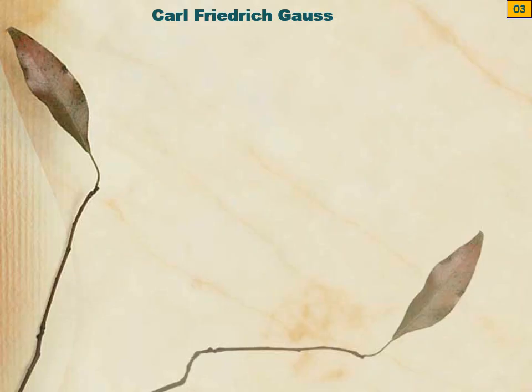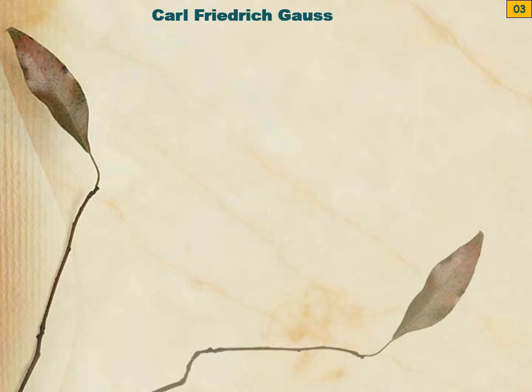Slide number 3. Carl Friedrich Gauss, the scientist who developed this normal distribution. There is a very interesting story about his intelligence at childhood. When he was in school, maybe in 5th or 6th standard, one day in his class one child was creating some problem or doing some naughty things.